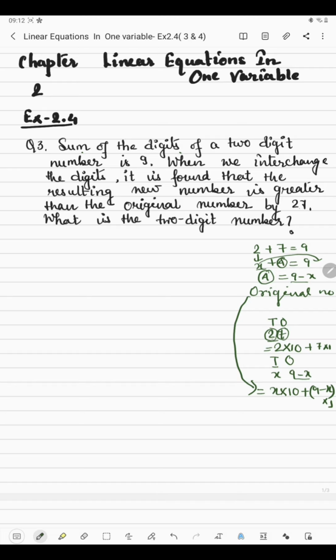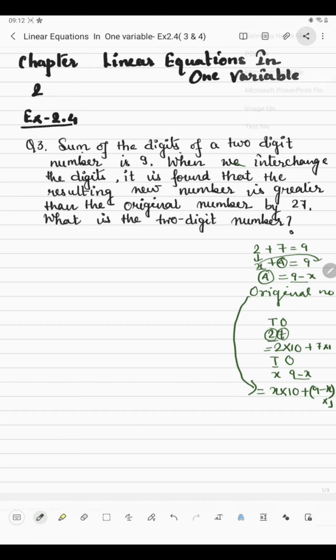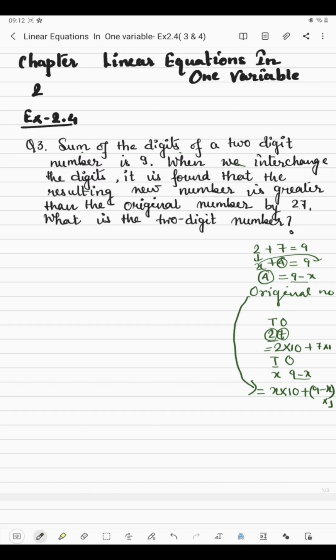Now it is said that if we interchange the digits, the resulting new number is greater than the original number. So if we interchange the digits, in the 10's place we take 9 minus x, because at first we had considered 9 minus x at 1's place.